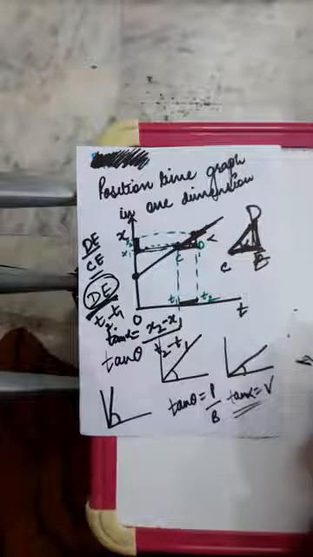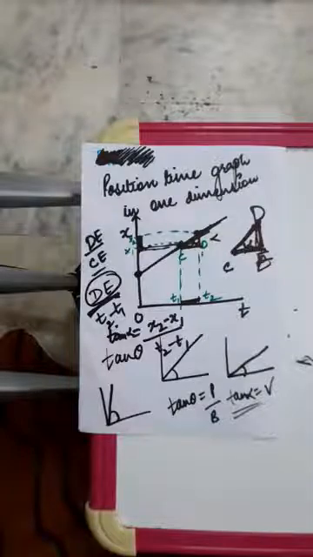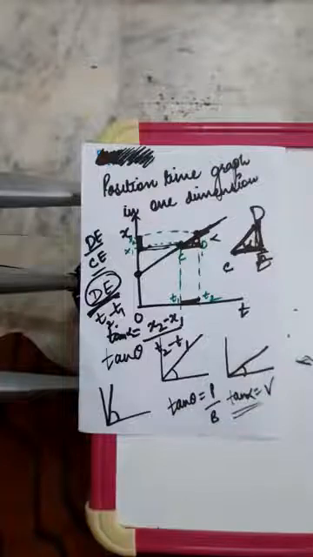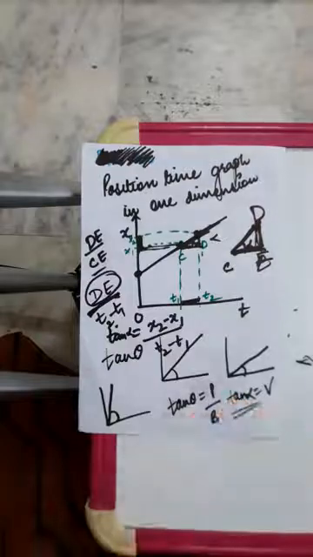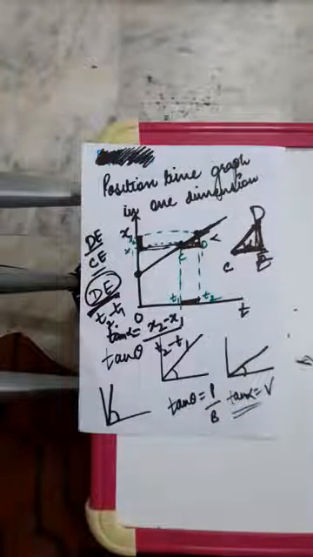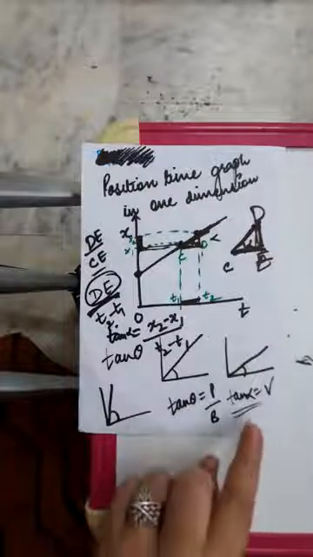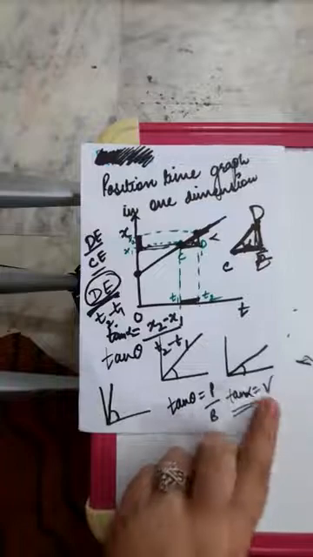This means whenever you have a position time graph for uniform motion, first, it will always be a straight line inclined to the time axis. And if you find the slope of that straight line, that slope will be equal to the velocity of the object. So this is how we get velocity. This is the importance of the position time graph, that its slope gives us velocity.